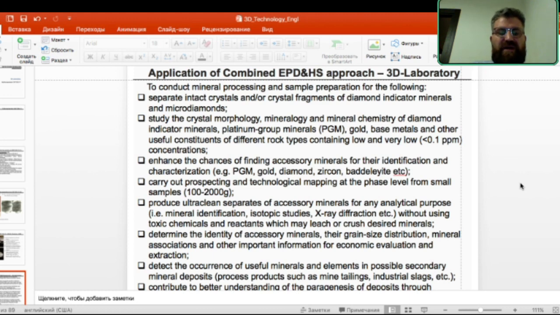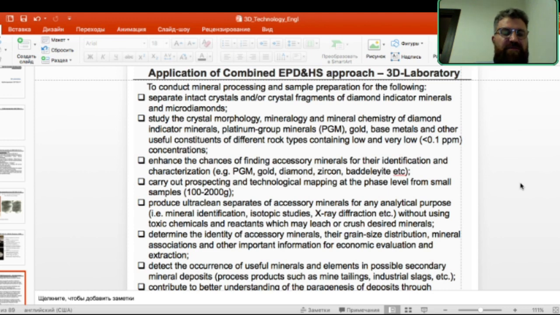Now they can use the same sample for extraction of diamond indicator minerals and microdiamonds at the same time, because they all are in the range 3 to 4 grams per centimeter cubed, so it's within the same concentrate, so they can easily get that concentrate for their hand picking from any size fraction they need.